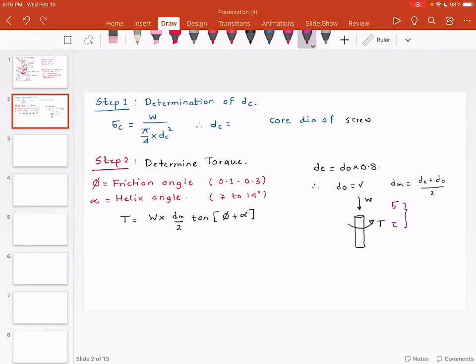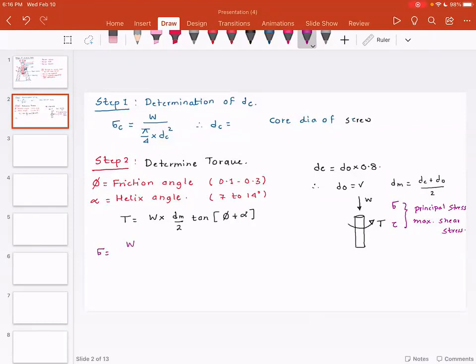Combined action of normal stresses and shear stresses gives rise to principal stresses and maximum shear stress.